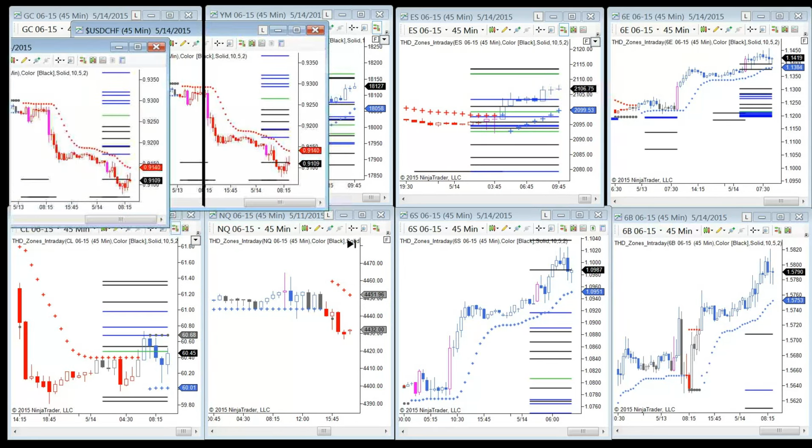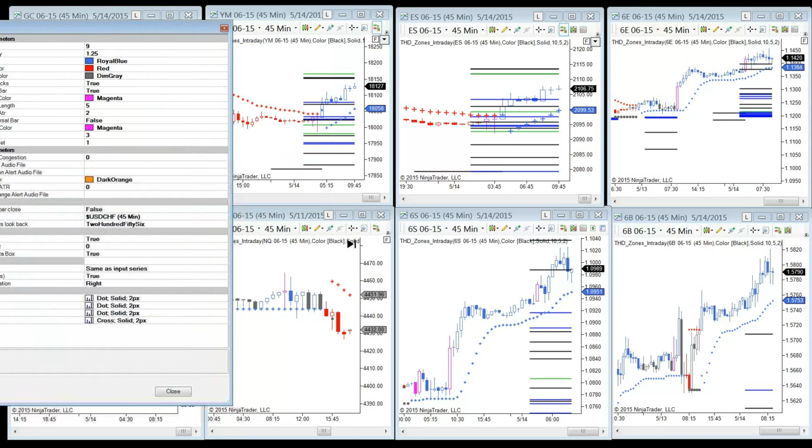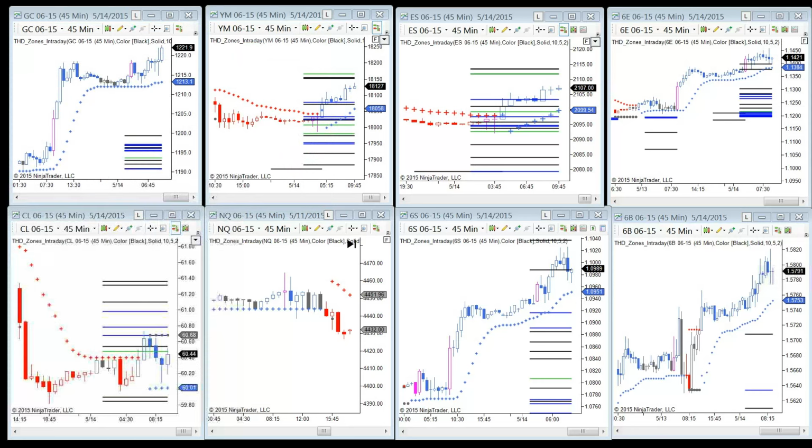Let me load the volume on this because you've got major trend divergence. I believe it was on the Swiss franc that I saw it on.